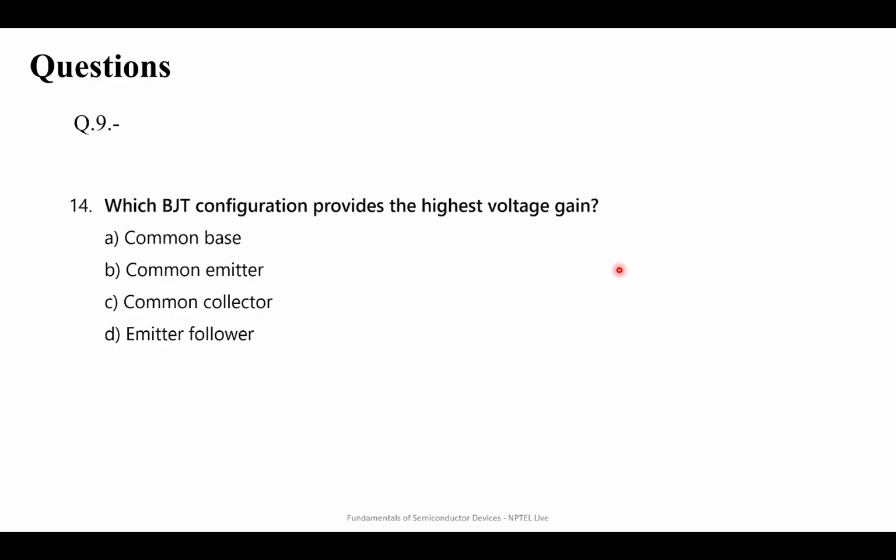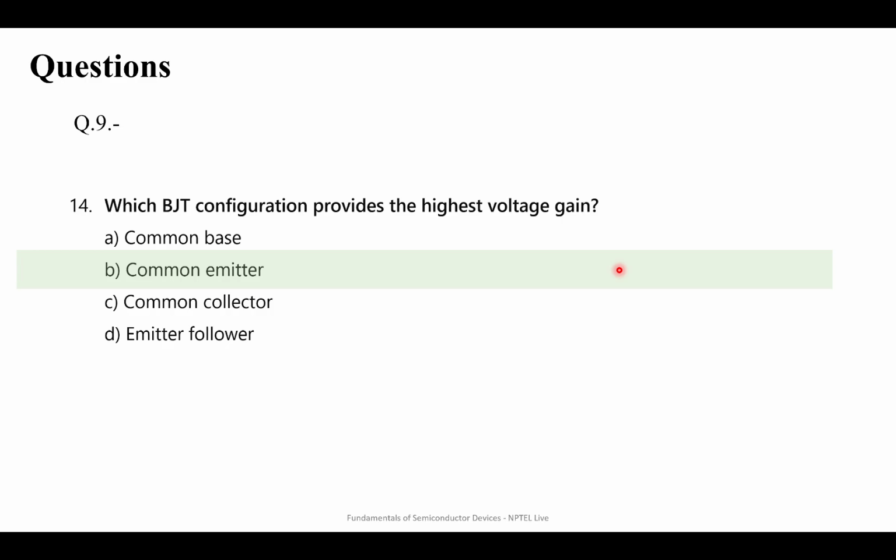Which BJT configuration provides the highest voltage gain? Common base, common emitter, common collector, or emitter follower? D, sir.